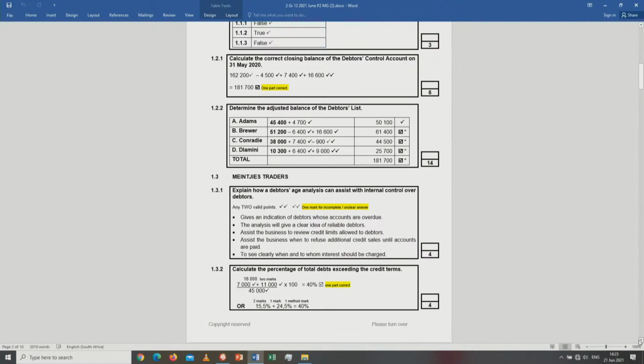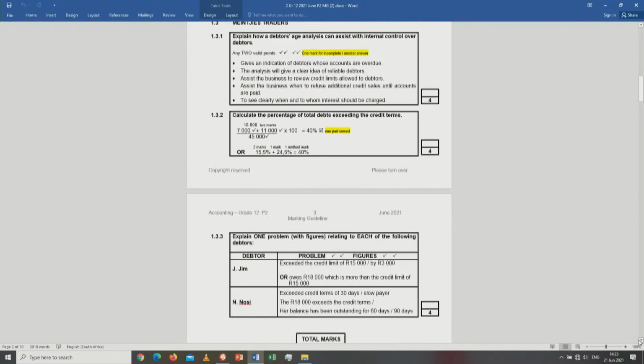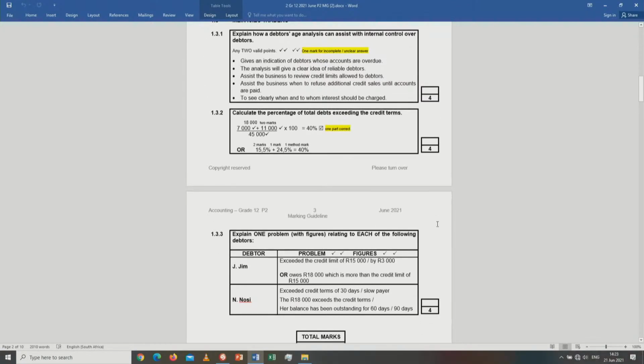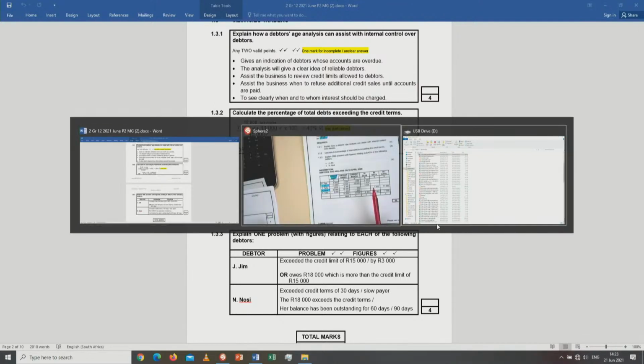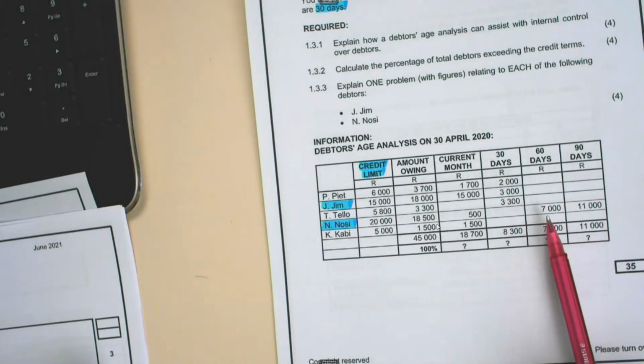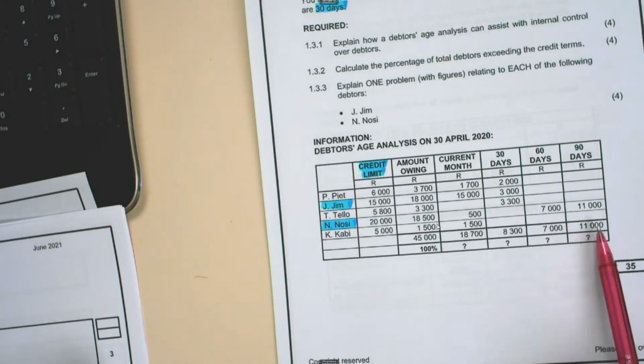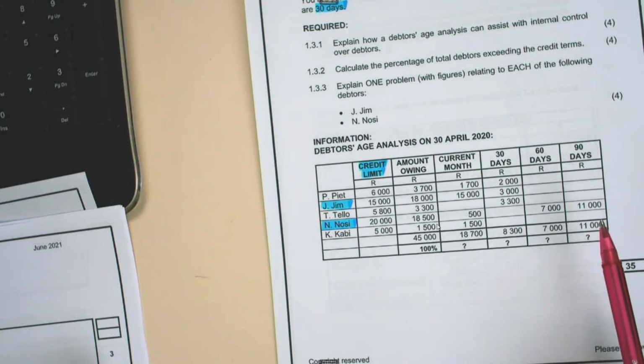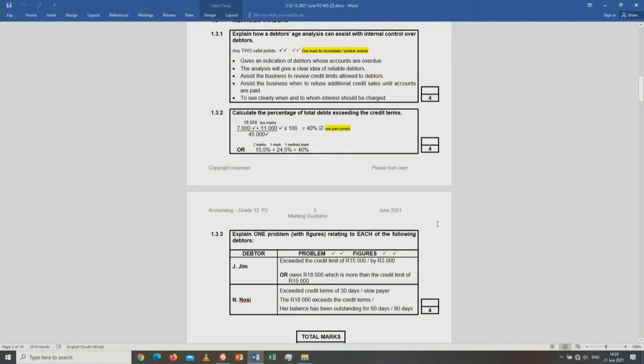Calculate the percentage of debtors exceeding the credit terms. We saw on our analysis, let's just go back again, there's a 7,000 that lies for more than 60 days and 11,000 that lies for more than 90 days, right? So calculate the percentage of total debts exceeding the credit terms.